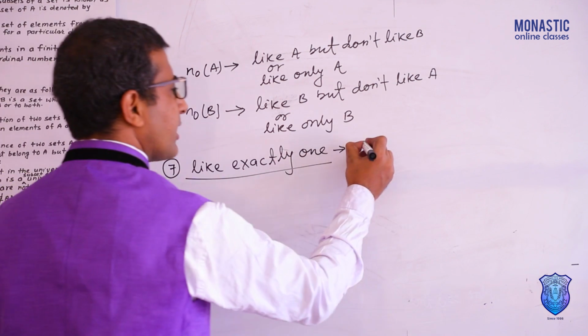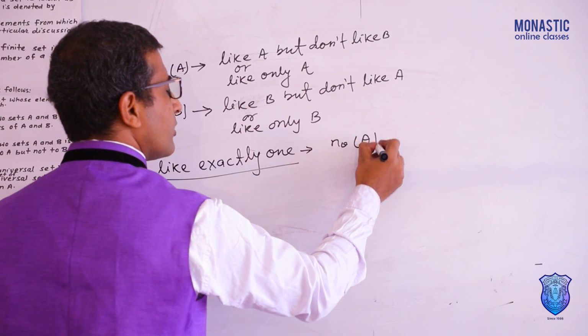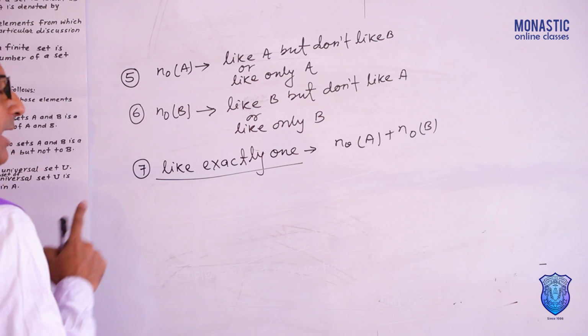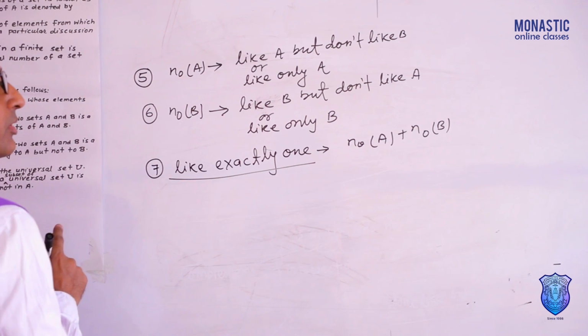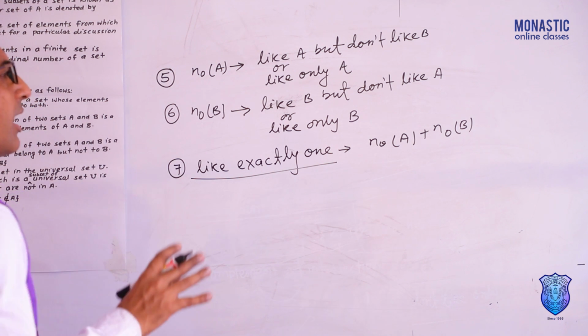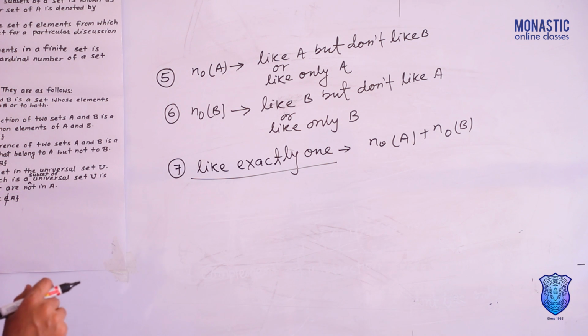When we say exactly one, that is the sum of the onlys. At least one means union. These are the terminology which you use.